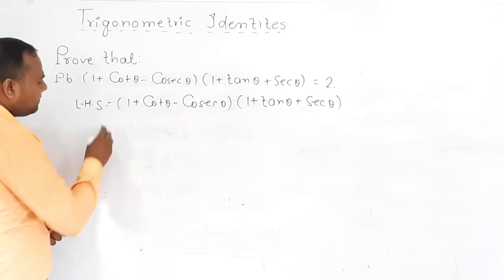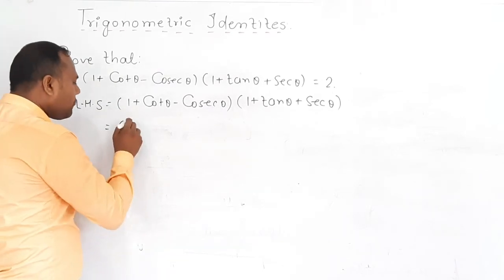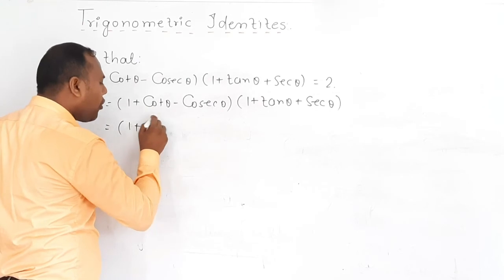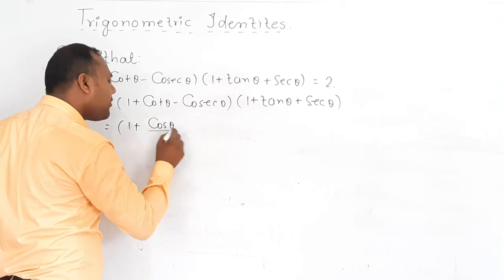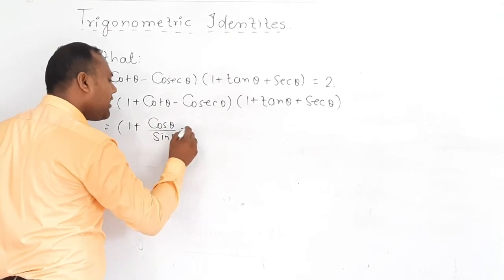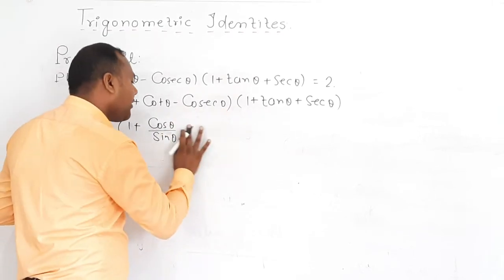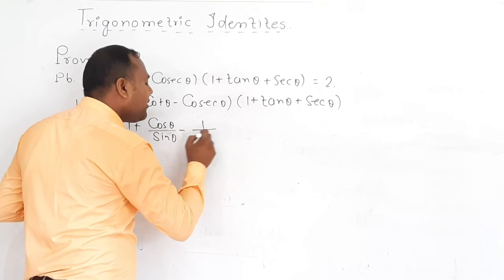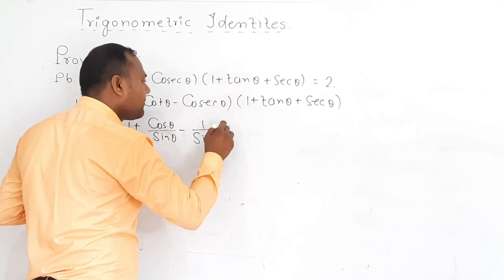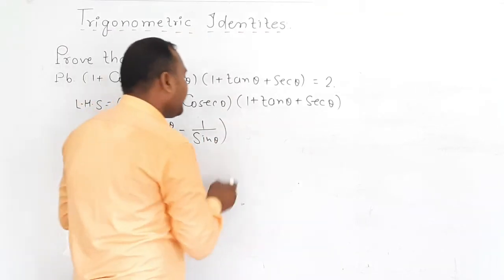So let us discuss. 1 plus cot means cos theta upon sine theta. We already discussed in the previous lecture. And cosec theta means 1 upon sine theta. And after that close the bracket.